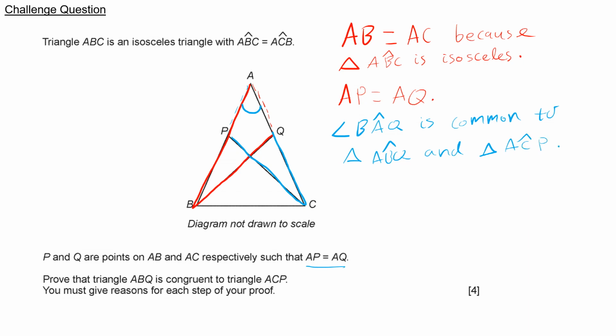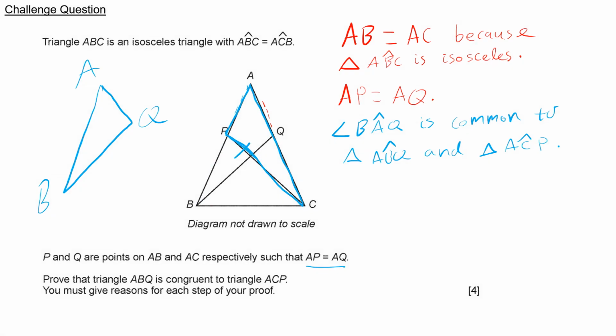So we can say that both triangles share two sides and the included angle. Let me try and draw that a little bit better. If we look at ABQ, we know that they share this side and this side.